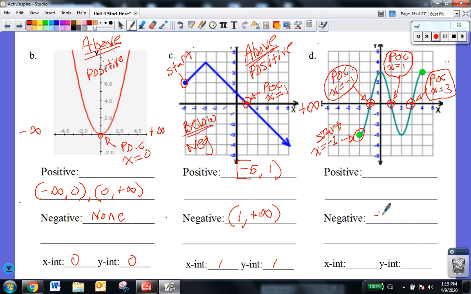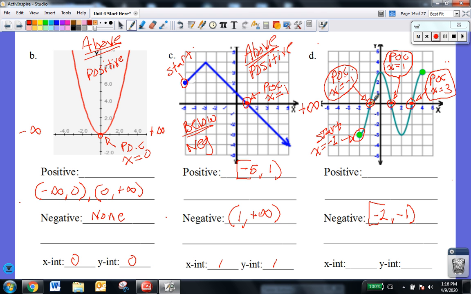So it's negative from negative 2 all the way until our x value of negative 1. Since negative 1 is a point of change, it's going to get a round bracket, but x equal to negative 2 is going to get a square bracket because it has a full dot.